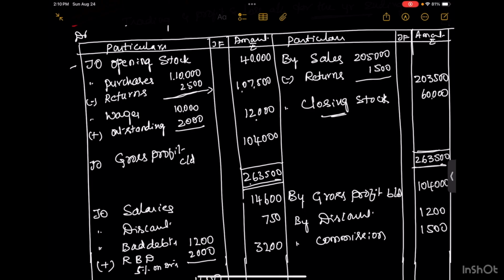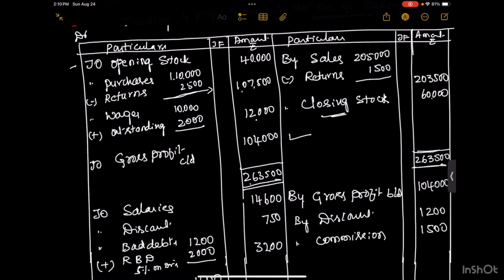Okay, so this 1,04,000 becomes the profit. That profit is called gross profit. The total of 40,000, 1,07,500 and 12,000 comes to 1,59,500. So out of 2,63,500, that 1,59,500 is subtracted, so that you will get 1,04,000.